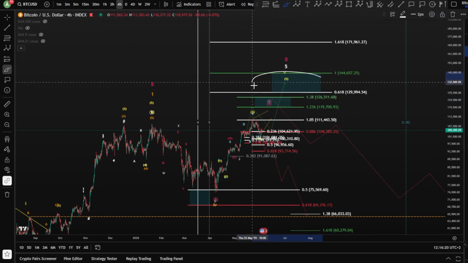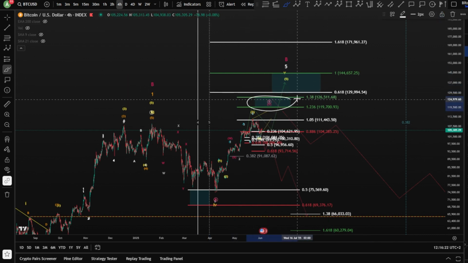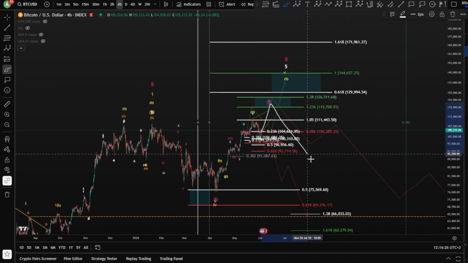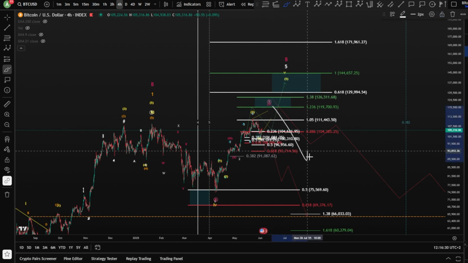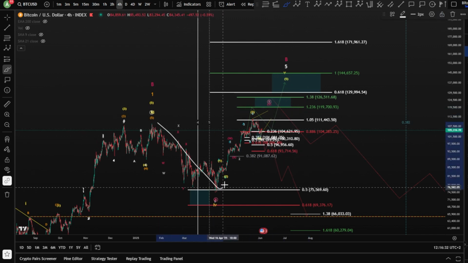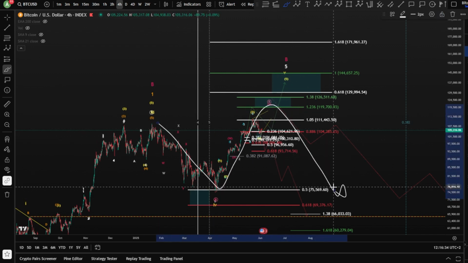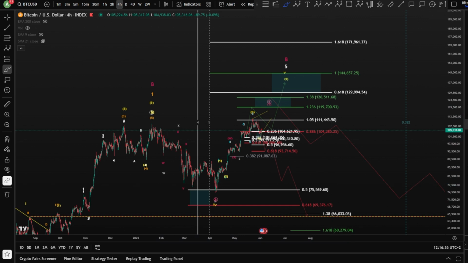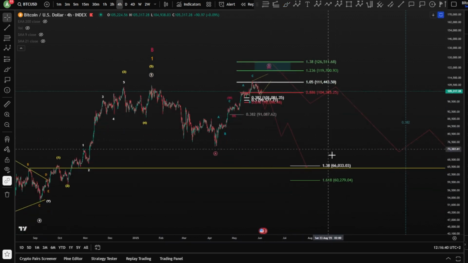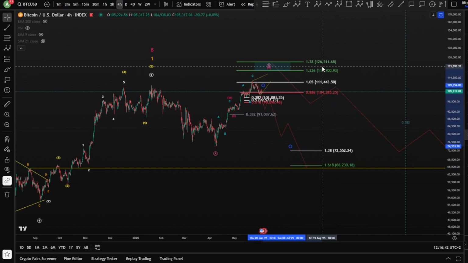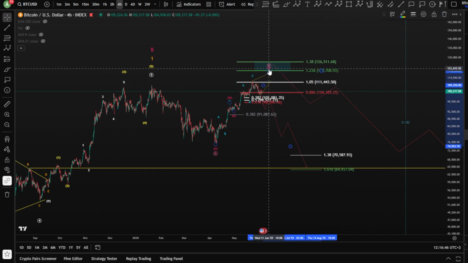But to get to this level, we need to break those levels first in a wave B, expanding flat, and estimate the situation, how it's going to be there. And then maybe, because it moves toward the downside as A, B, C expanding flat, we're going to see in this scenario the targets might hit around the 66 and the 70K in case we move for higher.